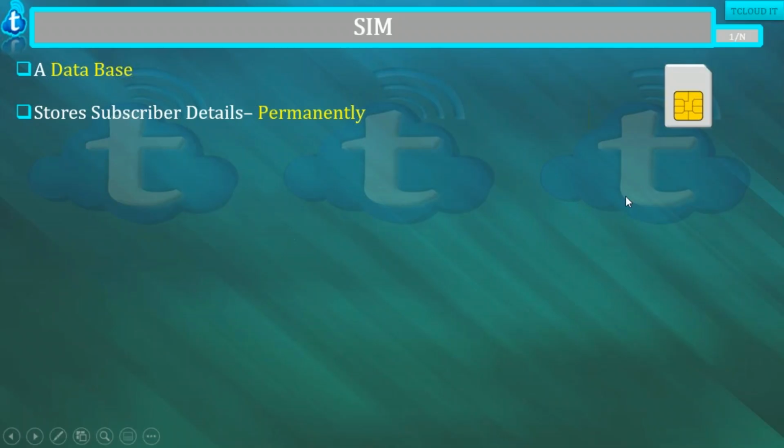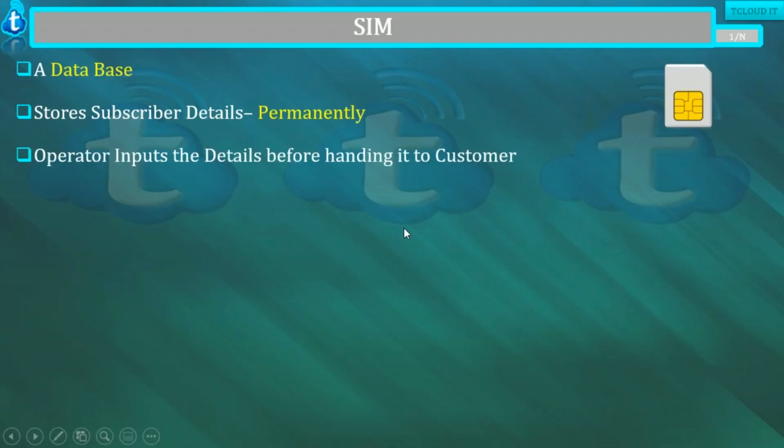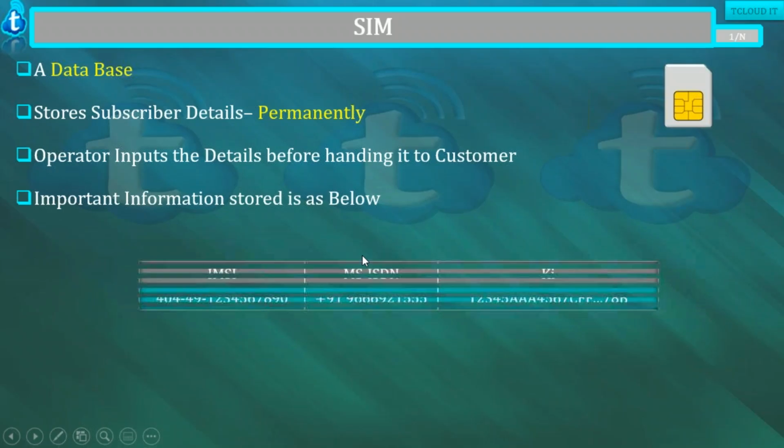Now, who stores the information into it? The operator who is selling the SIM card to you, before it is handed to the customer, inputs the details into it. So now we would like to understand what kind of information the operator keeps in this SIM card.